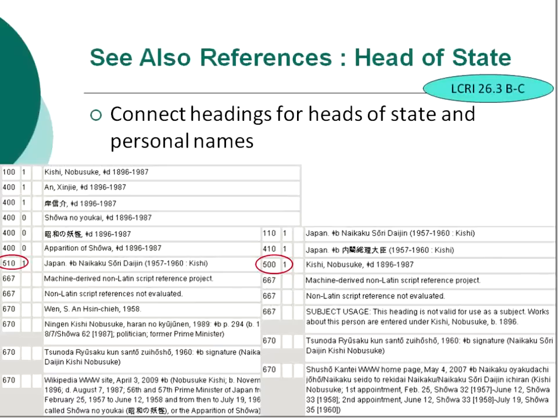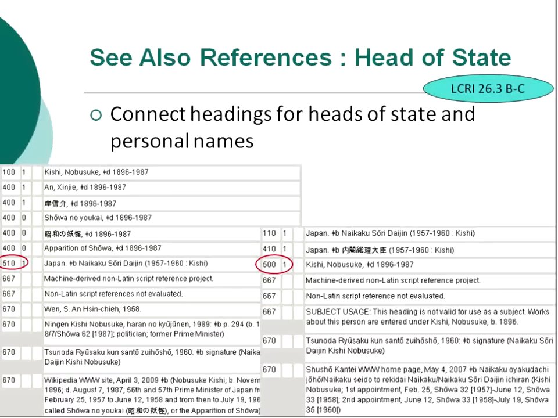Okay, now let's take a look at the record to the right, which is a record heading for the corporate body. Now you notice the 500 is referring to the author's personal name. So obviously this is a heading that's being set up for the author in his official title as a government entity. Okay, now take a look at our record to the left.